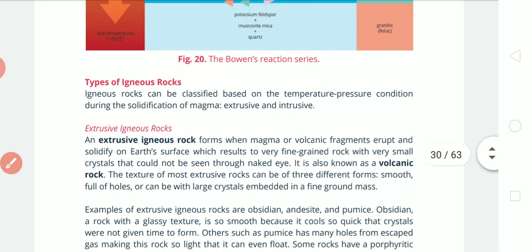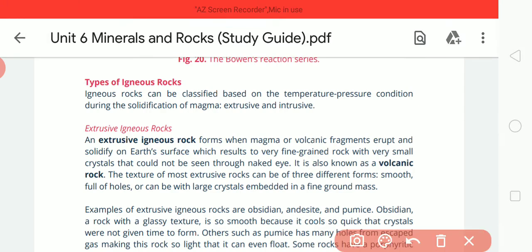Okay, so here is the detailed explanation of the different types of igneous rocks. Igneous rocks can be classified based on the temperature and pressure conditions during solidification of magma.